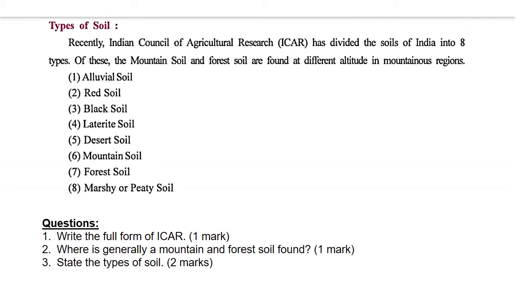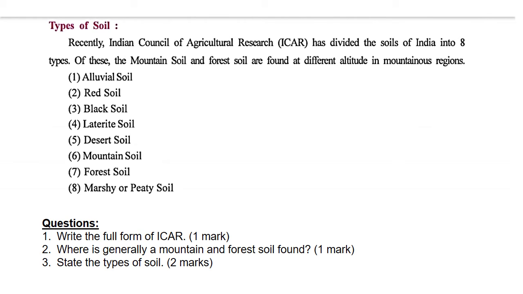Now we will learn the types of soil. Recently, the Indian Council of Agricultural Research has divided the soils of India into 8 types. So ICAR, which is an authorized institute, has classified the types of soil of India into 8.